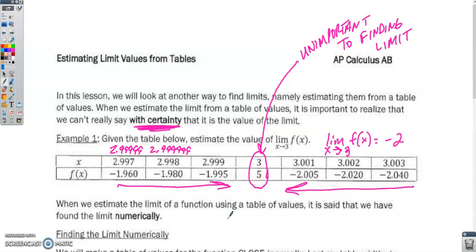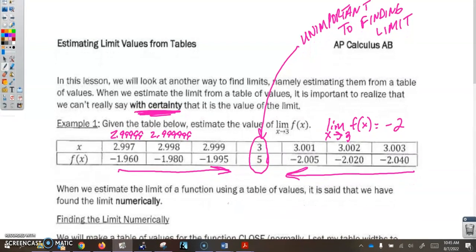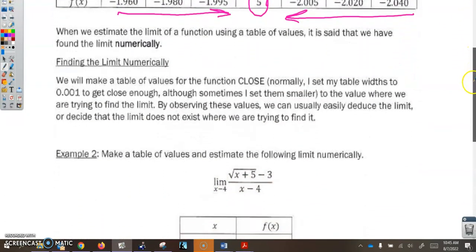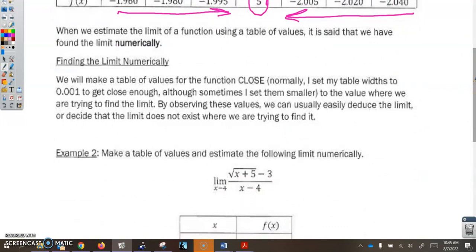All right, moving on. You see here the technique for finding the limit numerically. What we're going to do is make a table of values for the function that is close to the value where we're trying to find the limit. It says here in parentheses, I normally set my table widths to 0.001 to get close enough.